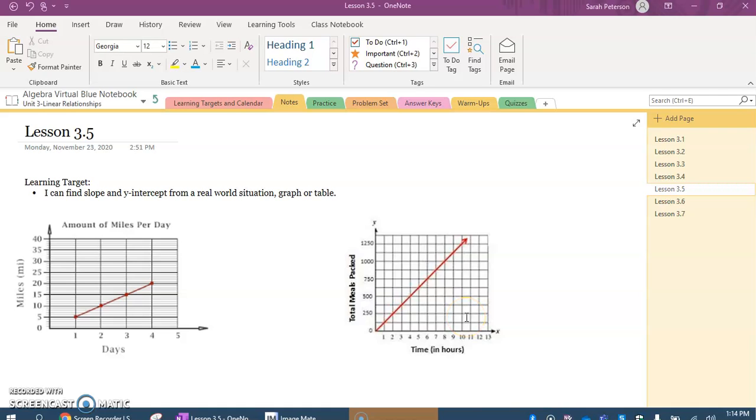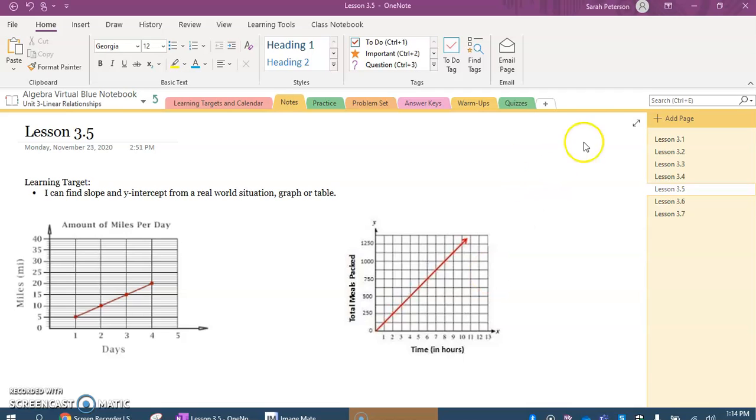All right, so in this lesson, we are going to talk about finding slope and what we call y-intercept from a real-world graph or table. So we are going to first start by defining what slope and y-intercept mean.